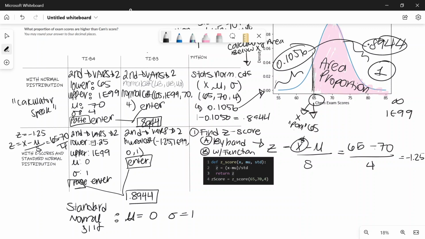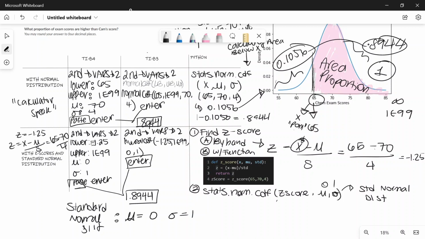Okay, so find z-score, and then the second step was to just do stats.norm.cdf, and then you would put in your z-score, your mu, and your sigma, which is always 0 and 1 for a standard normal distribution, right?